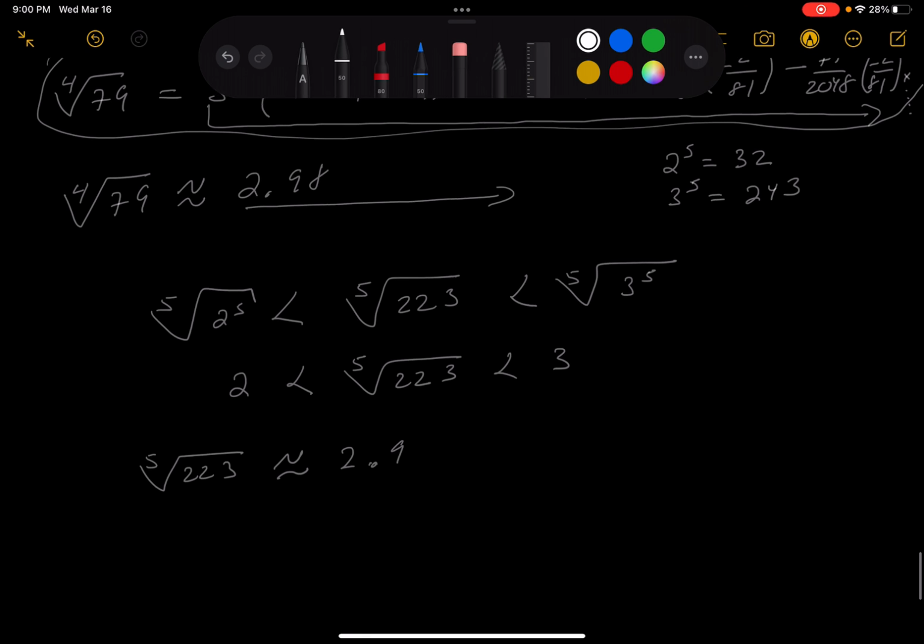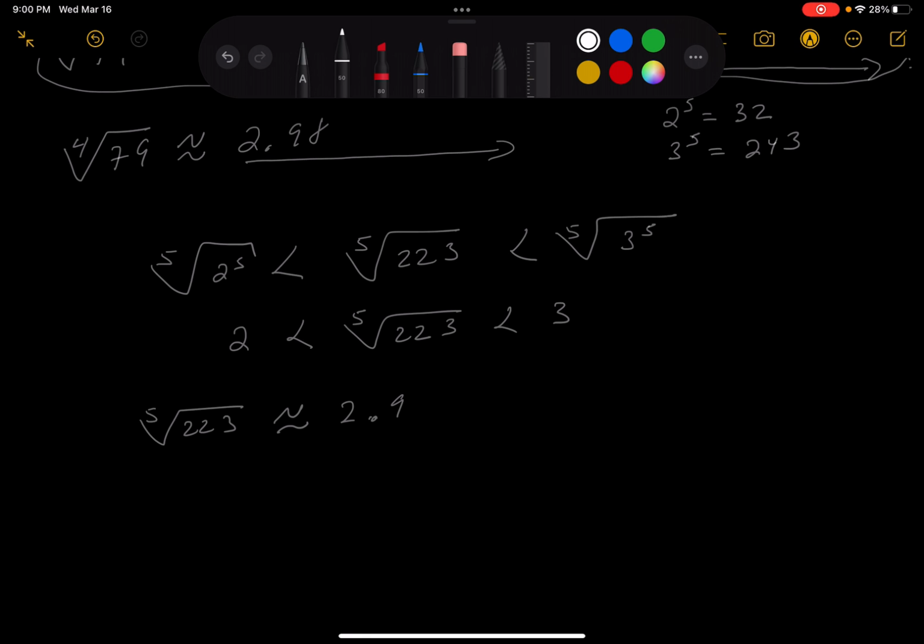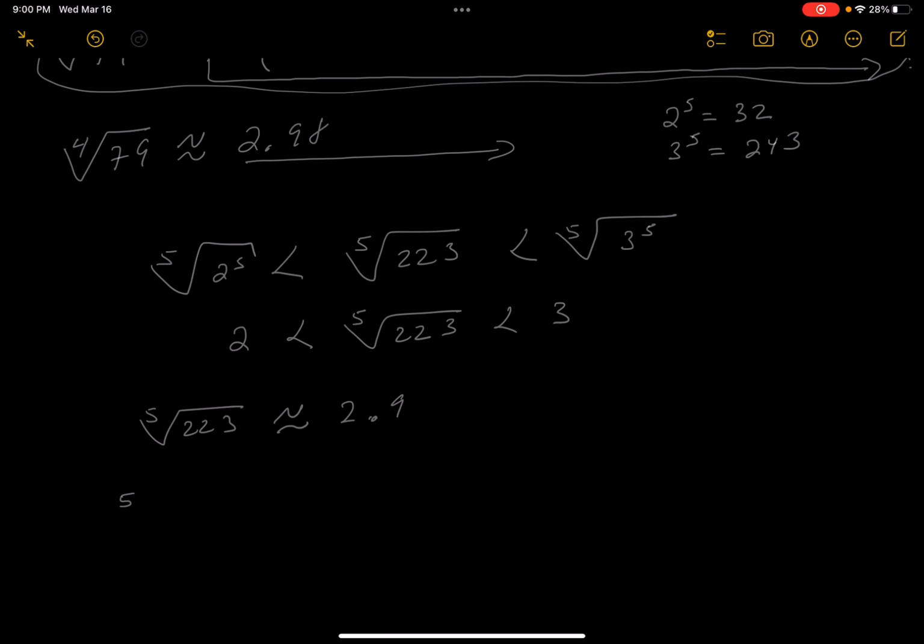All right? Your goal, though, is to write it down as an equality using those numbers. 223, it's going to be the fifth root. Well, 2 to the fifth is 32, right? Plus, 223, let me write this over here, minus 32, that's going to be 191.